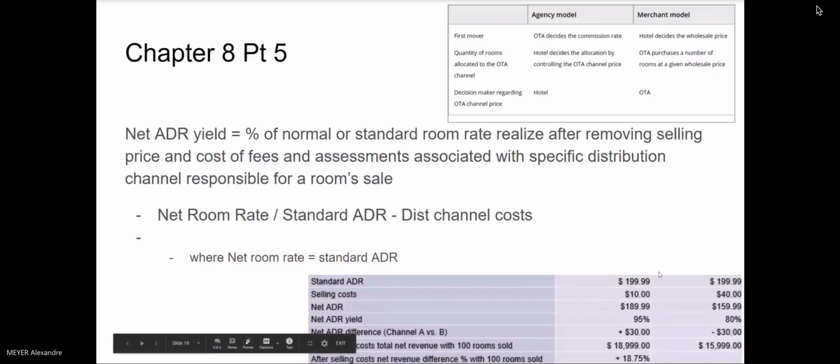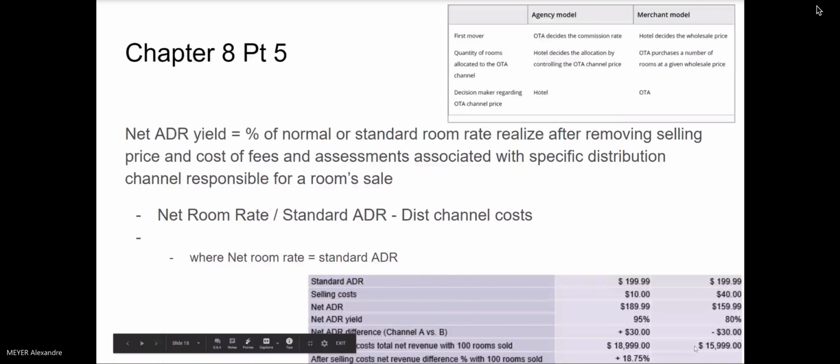Here on the bottom right, you can see an example of two hotels where, in both cases, they have the same rate, but Hotel B has more selling costs, and therefore, because they have more selling costs, a lower ADR yield. And having a lower ADR yield means that they end up making less total revenue on average. They end up making 16,000 as opposed to 19,000.